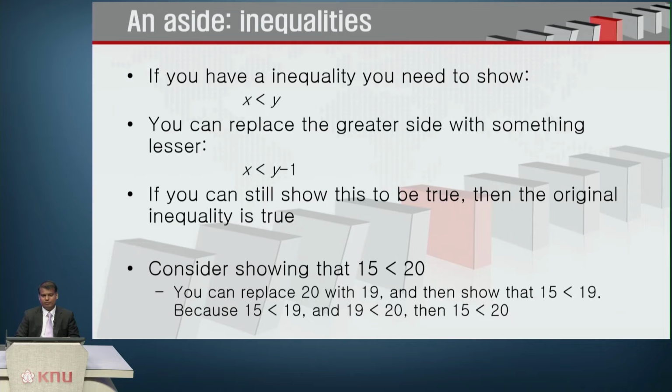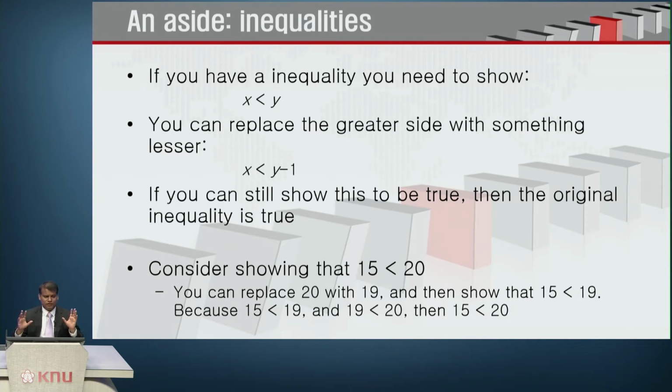Again, you can replace 20 with 19, then show that 15 is less than 19, because we know that 15 is less than 19 and 19 is in fact less than 20, then 15 is less than 20. Yes, that's quite a relation.